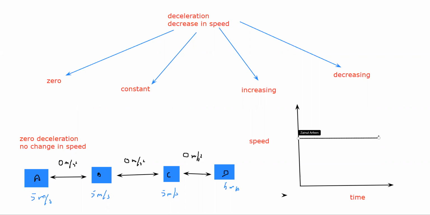A straight line with a constant zero slope shows that there is no change in the speed, or zero acceleration or zero deceleration.